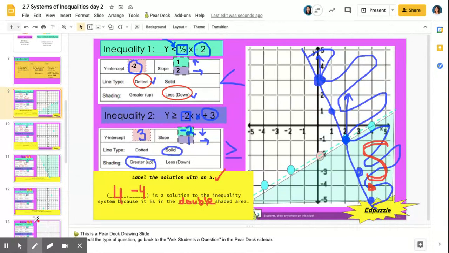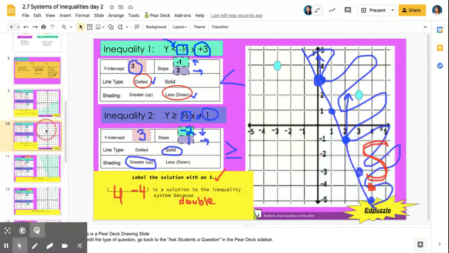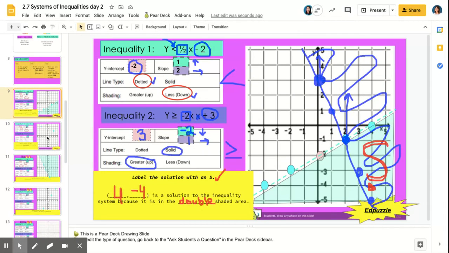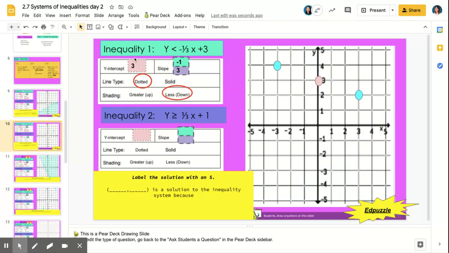Okay, let's try another one. All right. So inequality number 1 is plotted for us again. All right. Let's talk about the line type though.